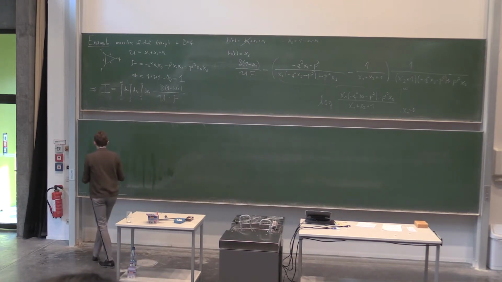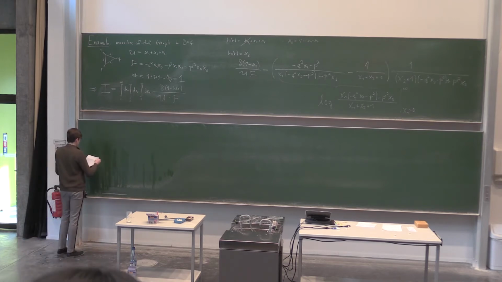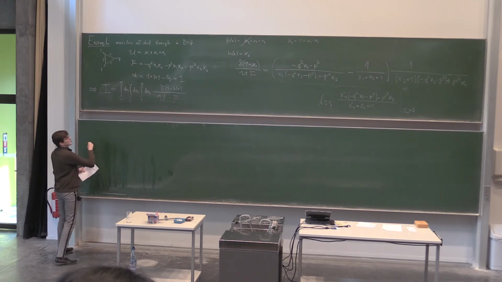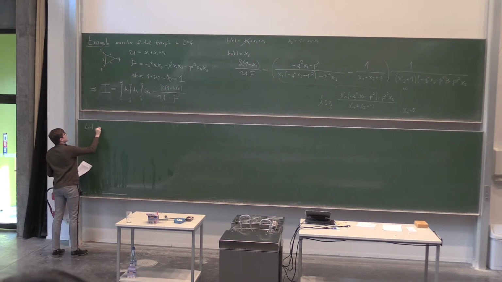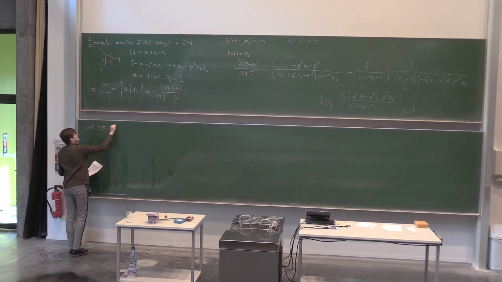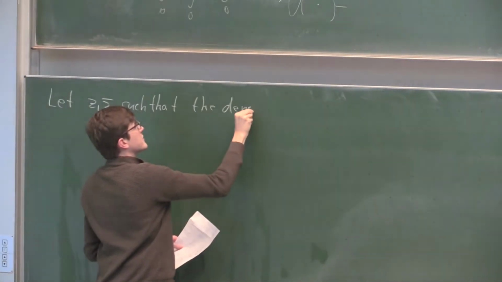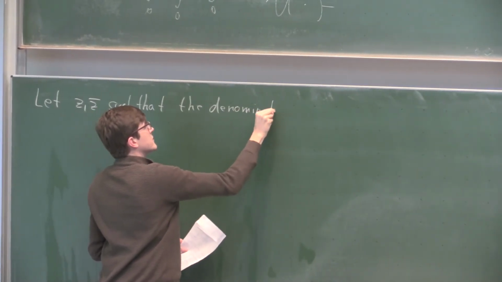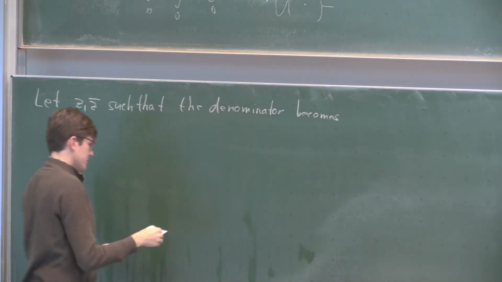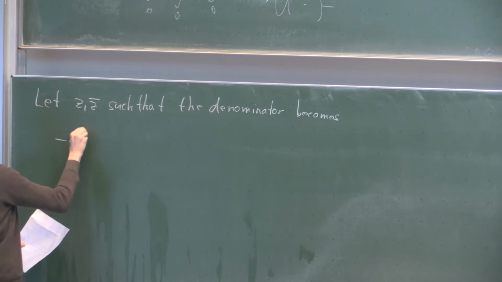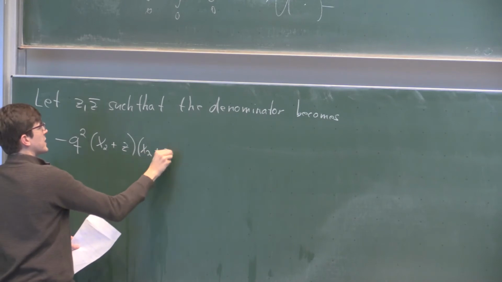So let us just give a name to the roots of this equation. So the denominator, introduce variables z and z bar such that the denominator becomes minus q squared times (x2 plus z)(x2 plus z bar).